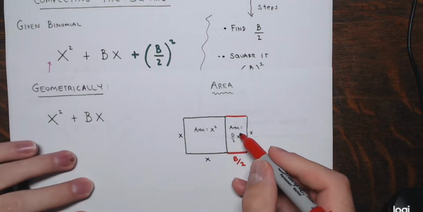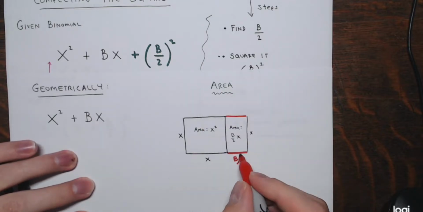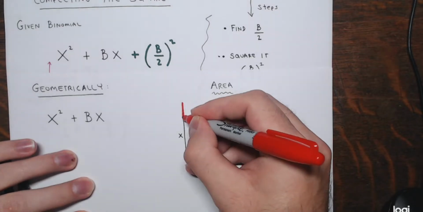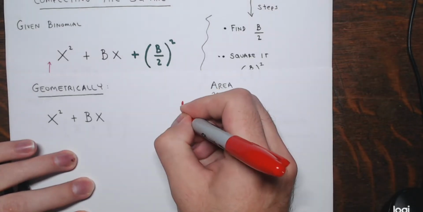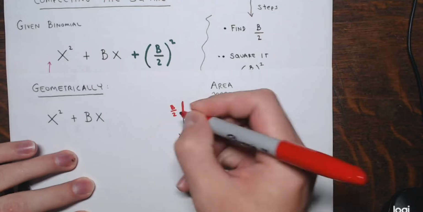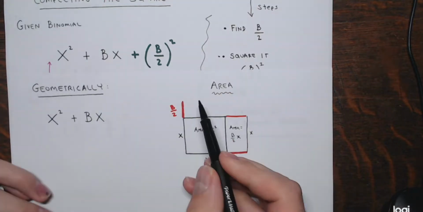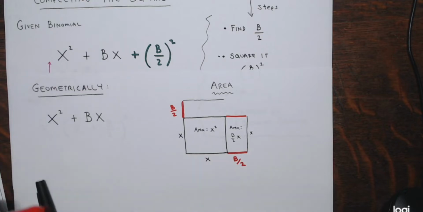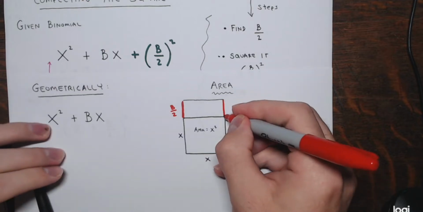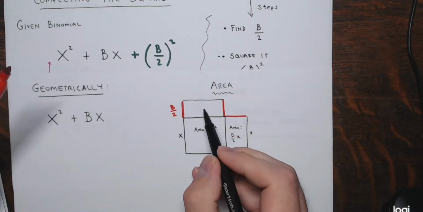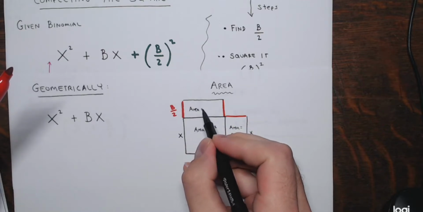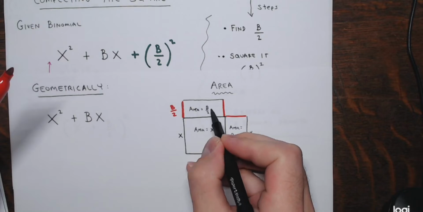And then I'm going to add the same kind of rectangle over here, and I'm going to try to keep this the same length. So here's another half of b, and here's another length of x, lined up with all these. This rectangle that just got added has an area of half of b times x.